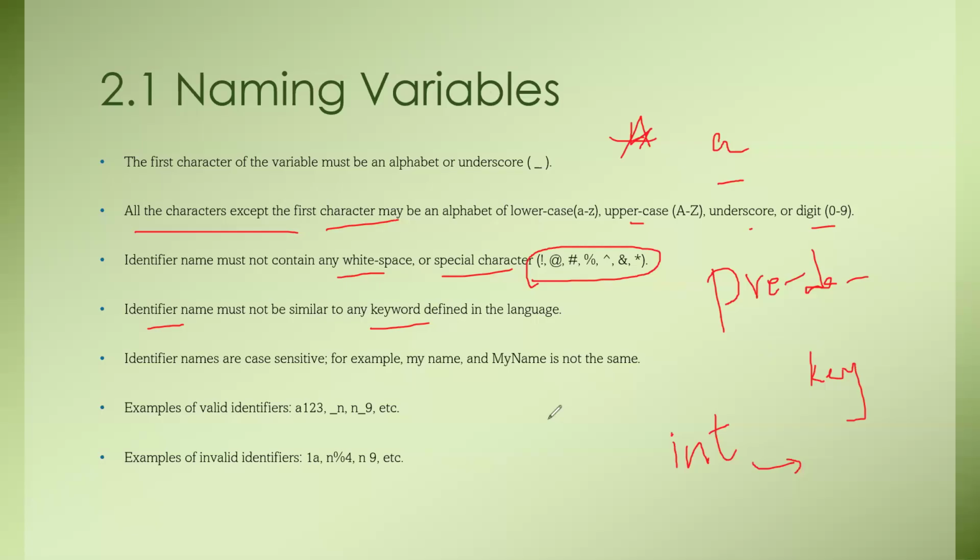Similarly, Python also has a lot of keywords. Initially we used a command called print, so print is actually one keyword. You cannot use print as a variable name. So you're not supposed to use any predefined keywords for naming a variable, and identifier names are case sensitive.